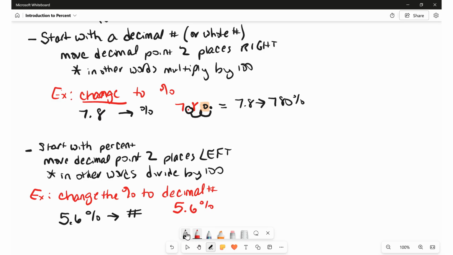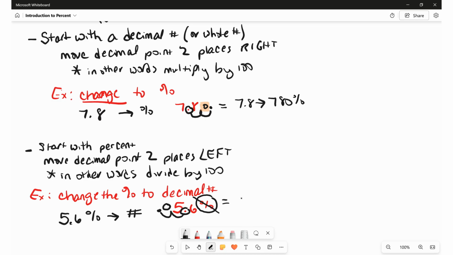We're going to take this decimal and move it 1, 2 to the left. Again, we have this open space, so we have to put this 0 in here. And when we move the decimal, the percent symbol goes away.